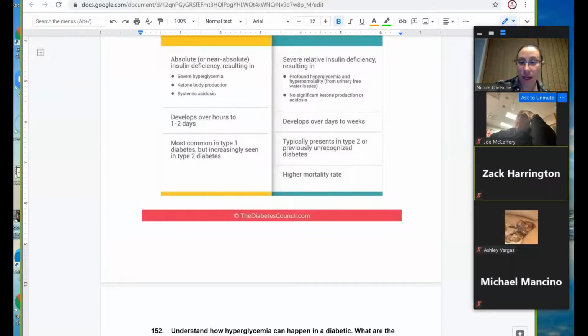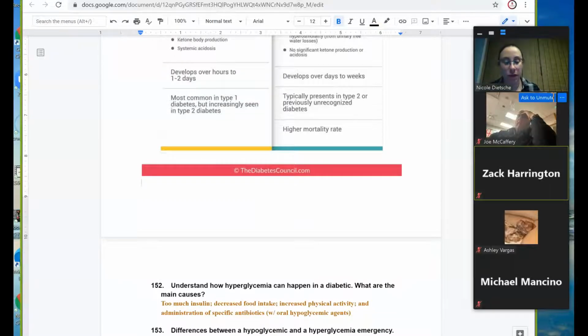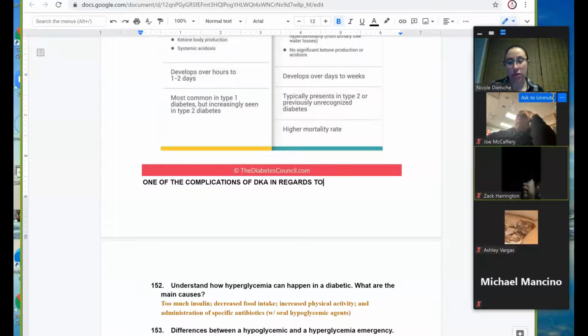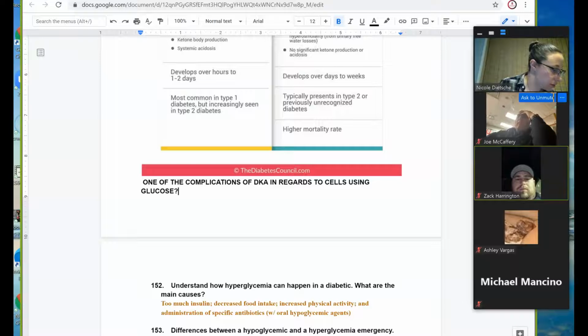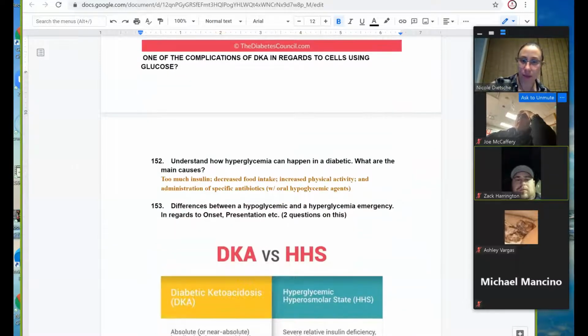What is one of the complications of DKA in regards to cells using glucose? Just quickly define that one.